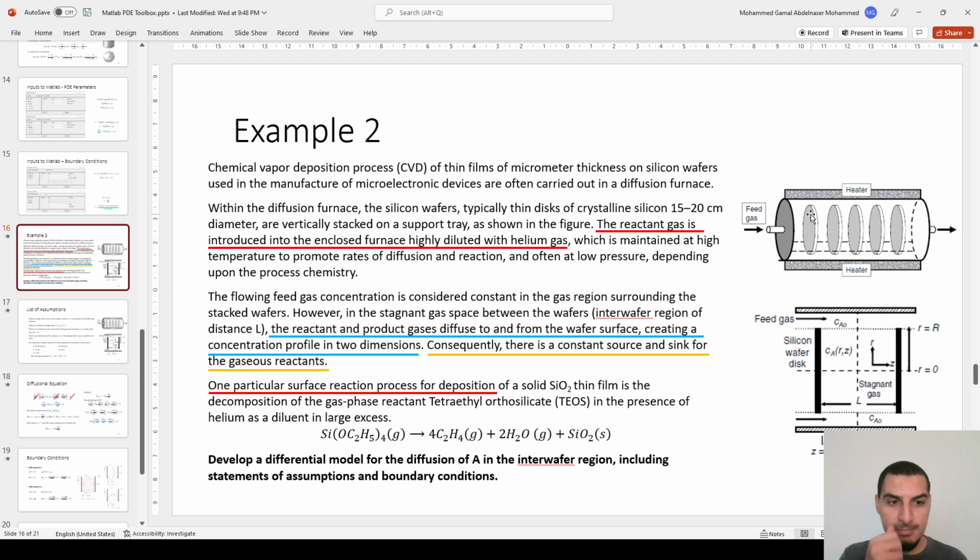So this system is just some parallel disks, and we have diffusion of species taking place between these two plates. We have constant concentration at these boundaries.